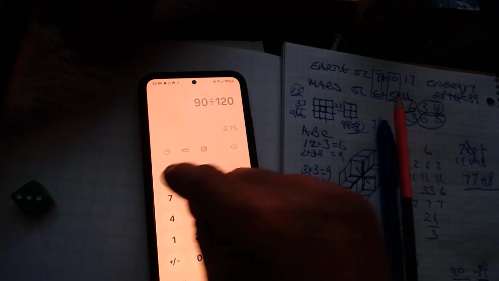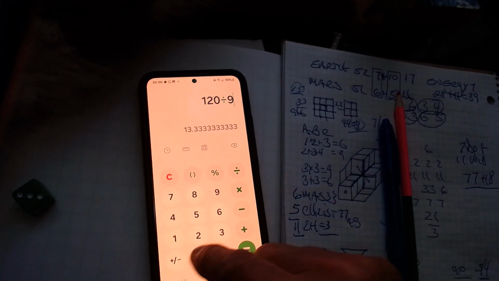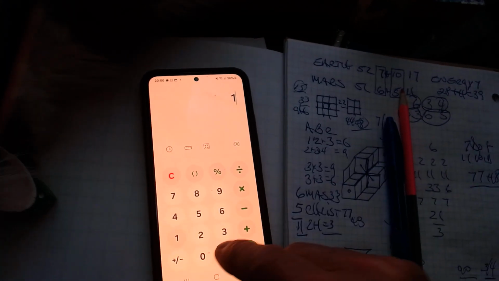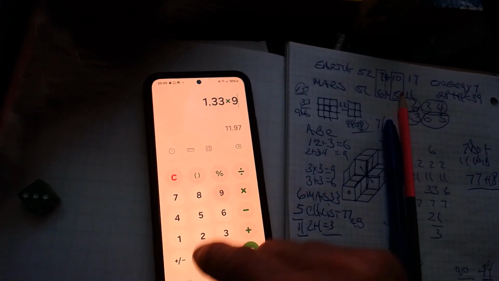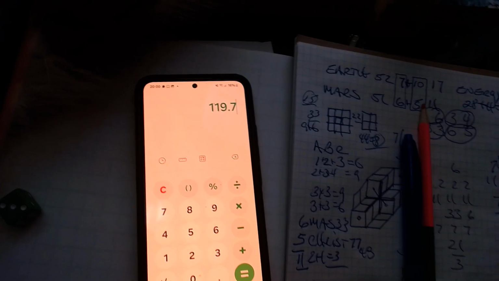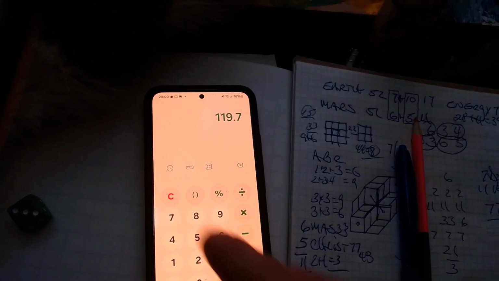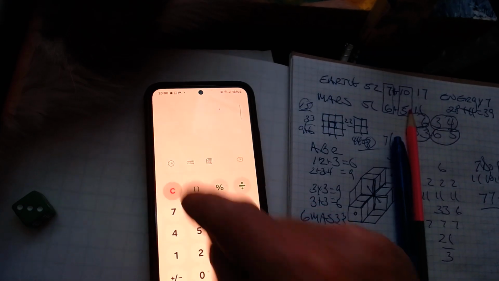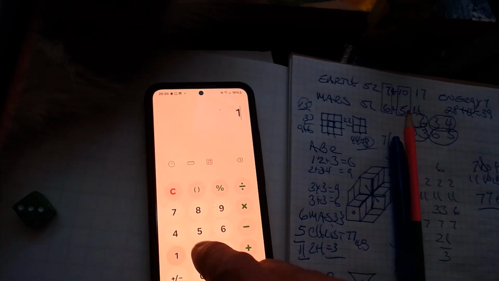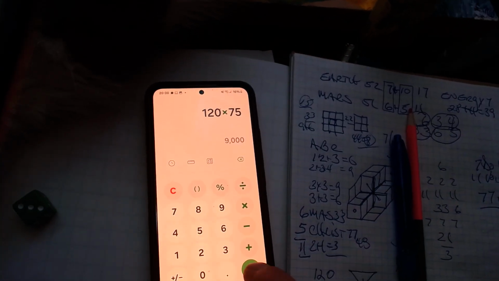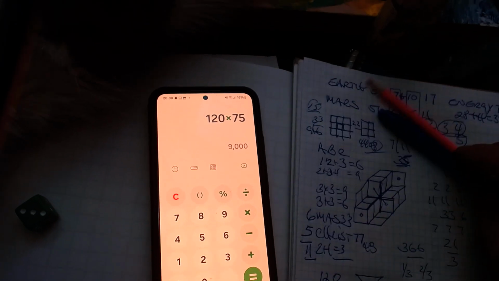No, 120 divided by 90 equals 1.3. 1.33 times 90 equals to 119.7. Right? 9/11, the Tower 7 came down. If you want to look at it a little bit differently, take off 120 times 75% equals to that 90.